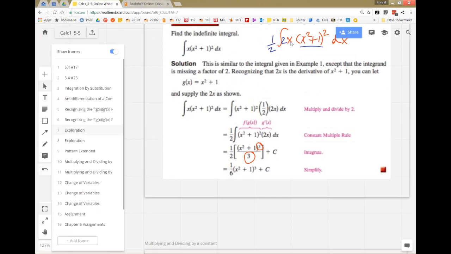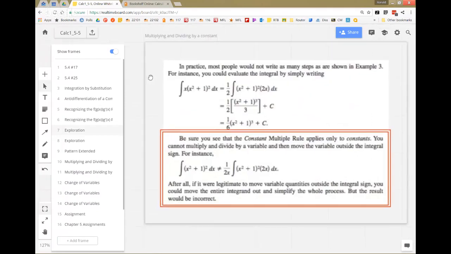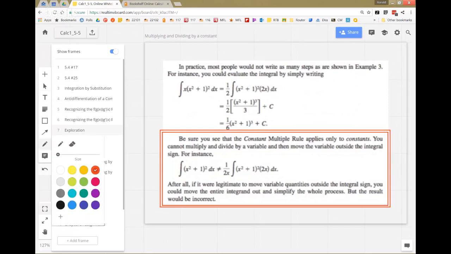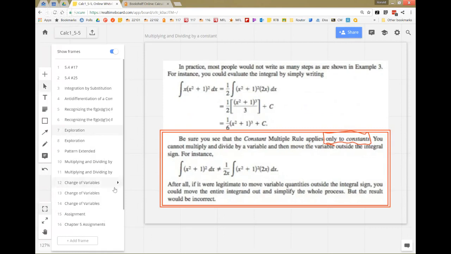Can you multiply by an x and then put a 1 over x out here? No, you cannot do that with a variable. So what this is saying is you can only pull out, and let me just underline, this applies only to constants. A very important point that needs to be made.